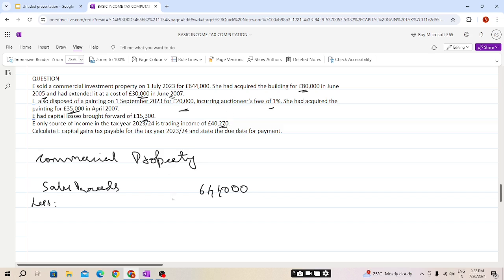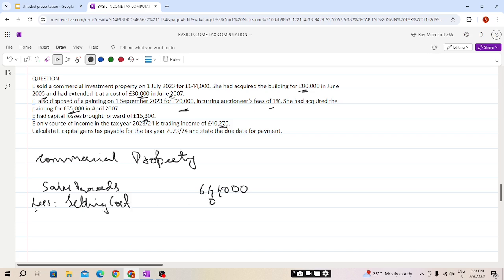No selling cost is mentioned. So net disposal proceeds will be 644,000 pounds, students.